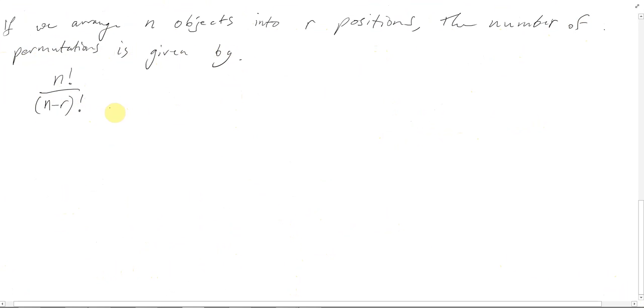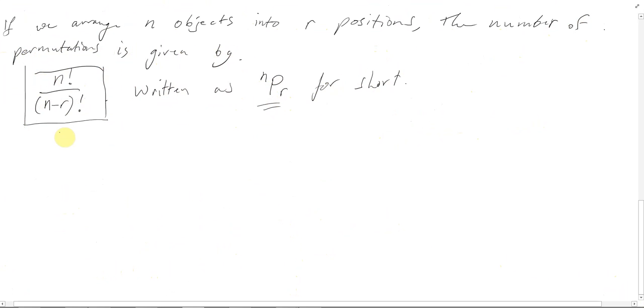Okay, that's what we've just seen. And we write this as nPr, P for permutations, r for short. So we use this symbol, nPr, for this permutations formula. So that's basically all you need to know about permutations.